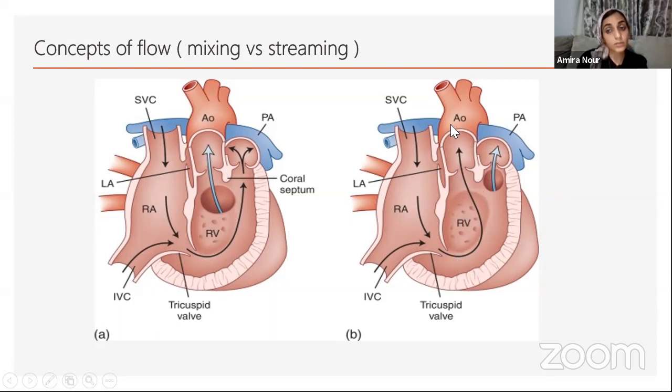The desaturated blood will go to the aorta, and the saturated blood will go to the pulmonary artery, and this is very close to the physiology of a patient with transposition of great arteries, I mean the DTGA or TGA with malposed great vessels. Actually, this is an unfavorable effect of streaming, because those patients present early with cyanosis and marked desaturation.